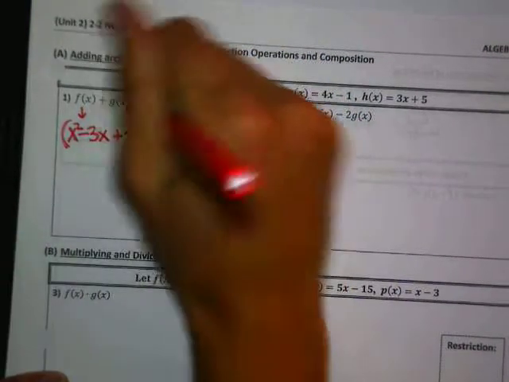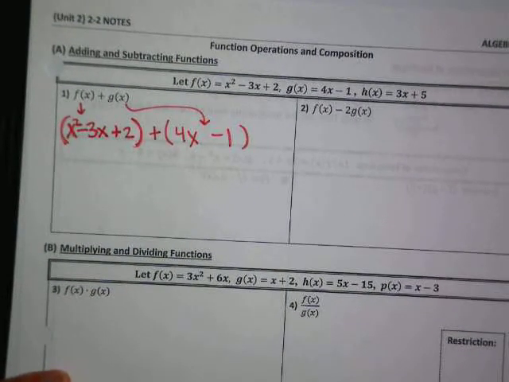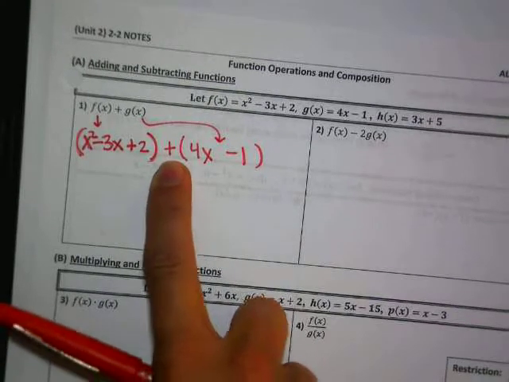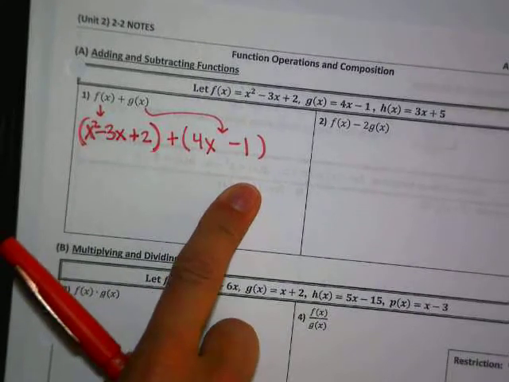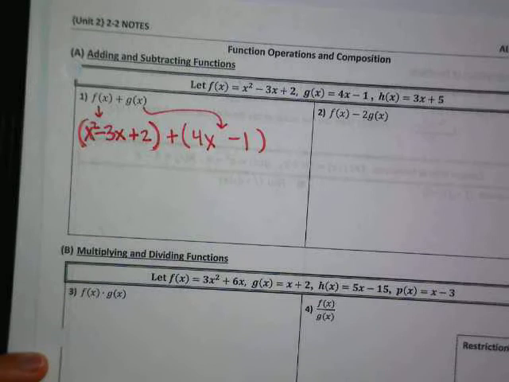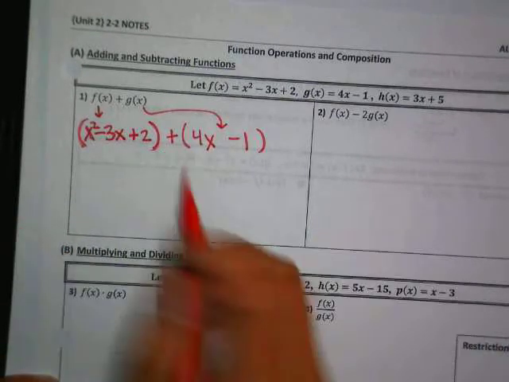Good, g. So this is g, and that was f. Alright, so the plus sign in between my parentheses means that I'm going to be adding these two functions together, so I just have to combine like terms. If there was no plus sign, I would be multiplying. But because there's a sign in between, I am combining.